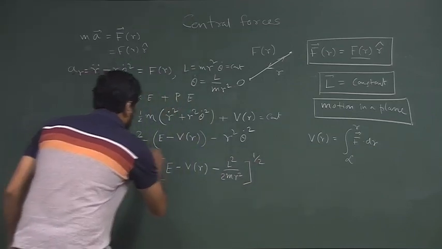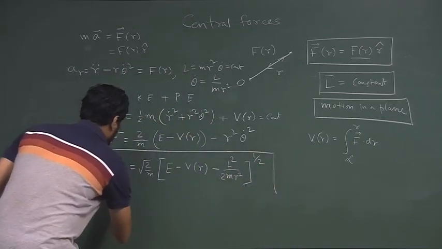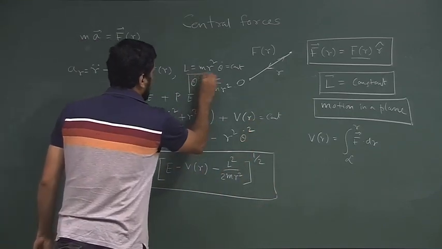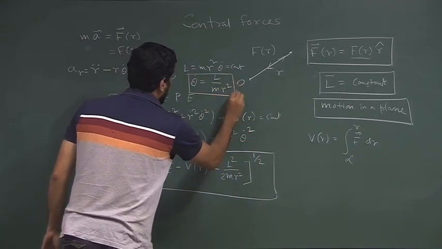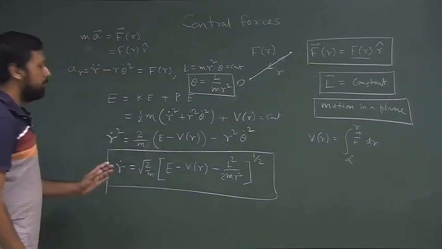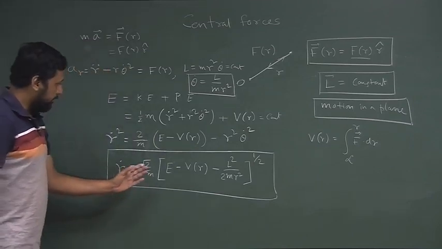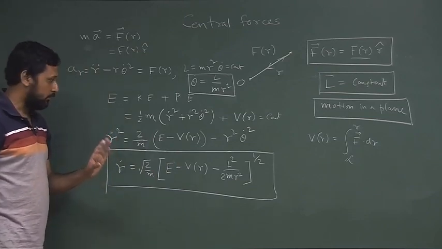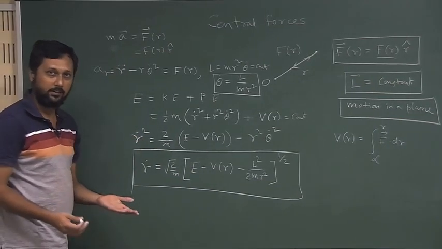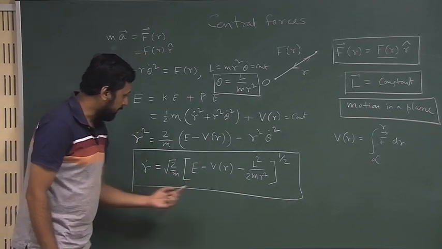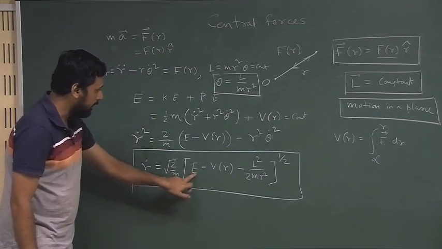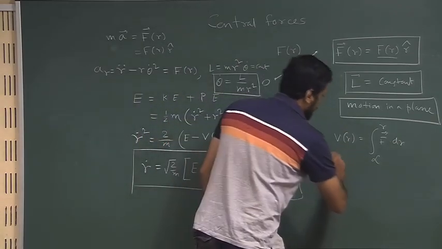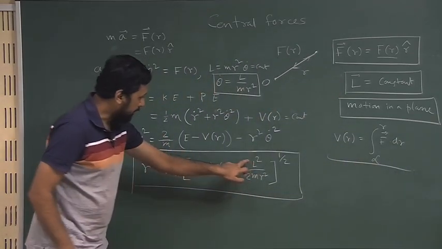So, we have one equation for r dot and one equation for theta dot. In principle, and again I am not asking you to do it, or doing it myself either, we can integrate this equation, because E is a constant, V of r is a function which we know from this relation, and L is a constant.